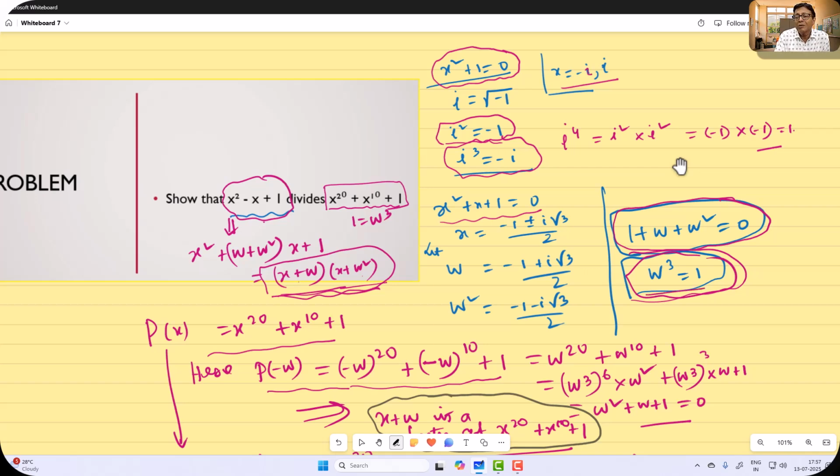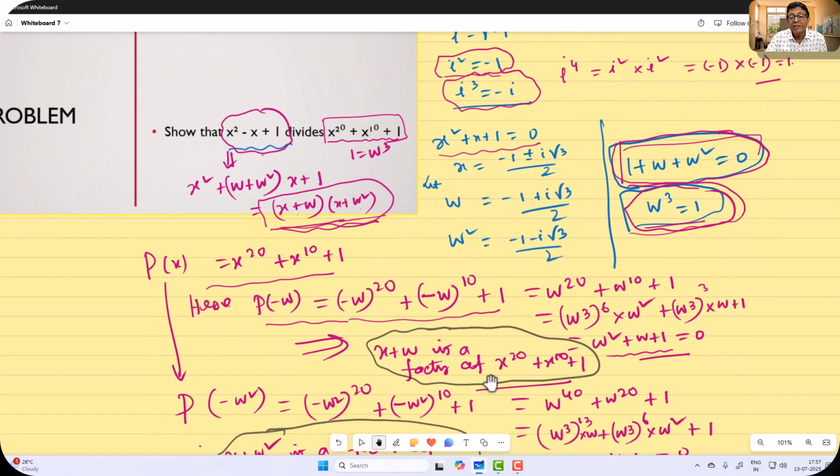But omega cube we have seen is 1. You just put 1 over there. Then it changes to omega square plus omega plus 1, which is definitely equal to 0. So what have we got? This will ensure that x plus omega is a factor of this thing. Clear?